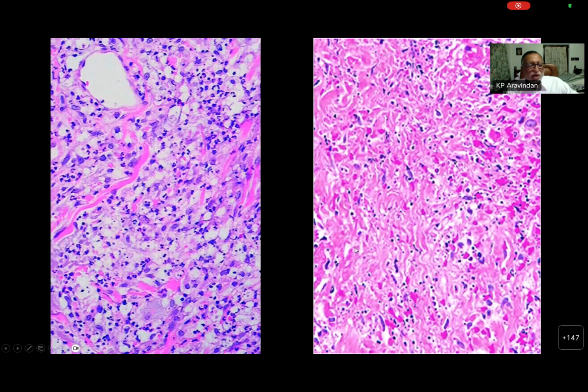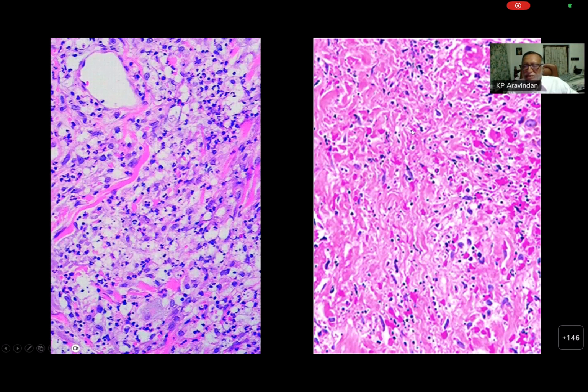Here on one side, you find what is called a neutrophilic dermatosis. The classic example of neutrophilic dermatosis is Sweet syndrome, where cytokines drive the attraction of neutrophils to these lesions. Very often they are associated with myeloproliferative disorders, sometimes even otherwise idiopathic. And you find a lot of neutrophils, a little bit of leukocytoclasia.